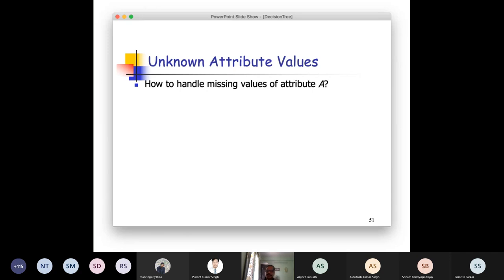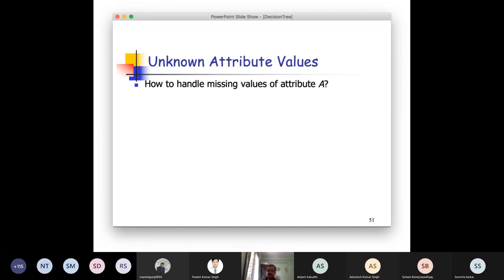When you have an unknown attribute value, that means some attribute value is missing, then what do you do? Now there are again different approaches. At a particular node, the point is, how do you evaluate the performance of that attribute in terms of this information gain or normalized information gain?